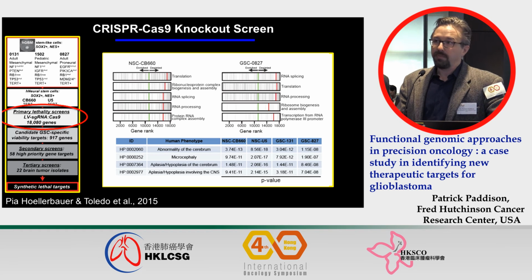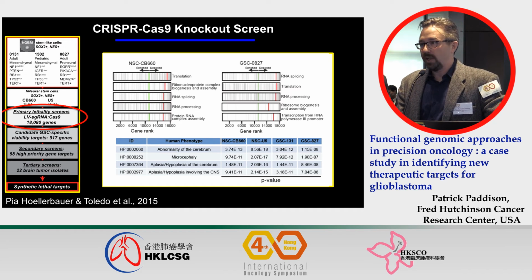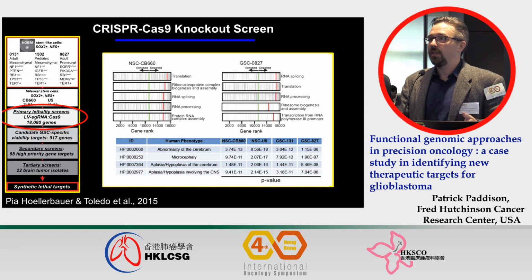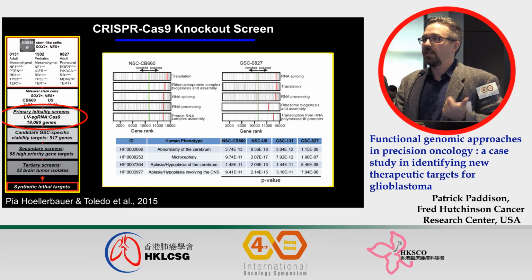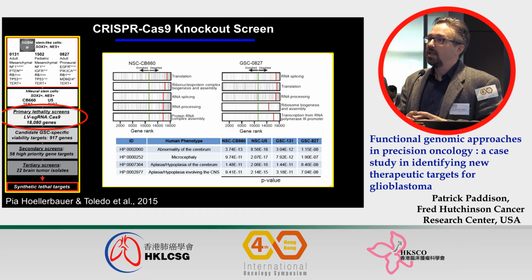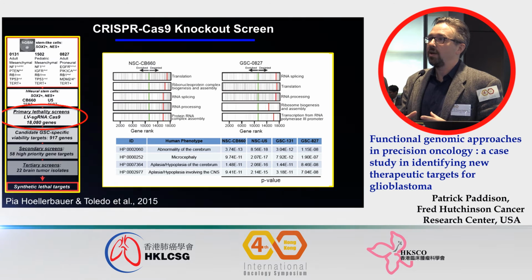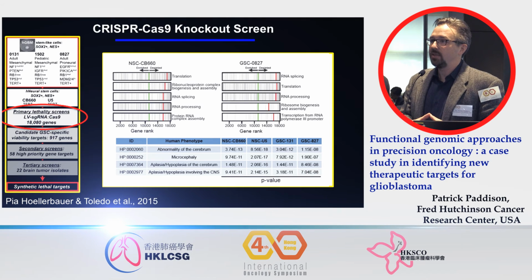When you look at those green populations, you see the usual suspects. When we do gene set enrichment, we see things like translation, RNA splicing, et cetera, again suggesting that these libraries work very well and efficiently for identifying essential genes.